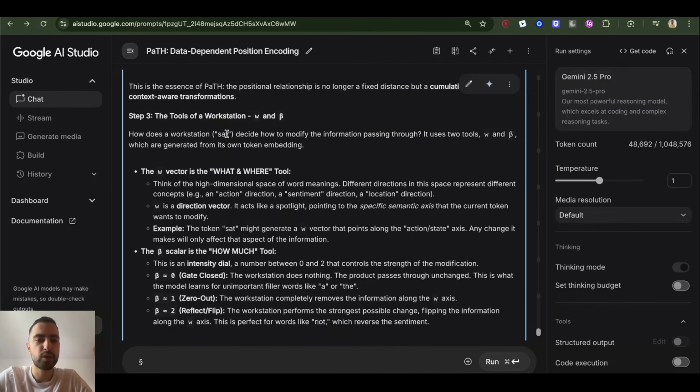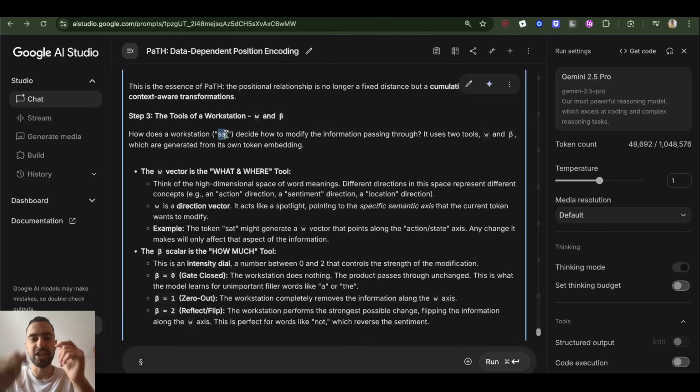So from this token set, we will generate two things: a vector W and a beta scalar. Vector W is just those important components that describe the action in this case. So vector W is a vector that describes the action of sitting. And it's smaller than this whole token set because that can describe a lot more things.